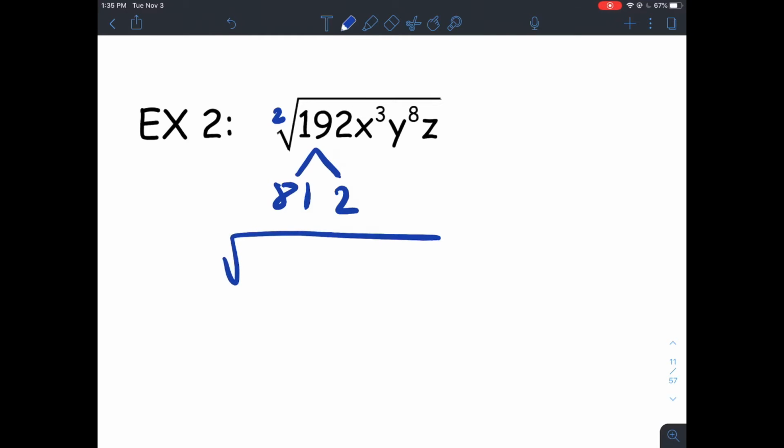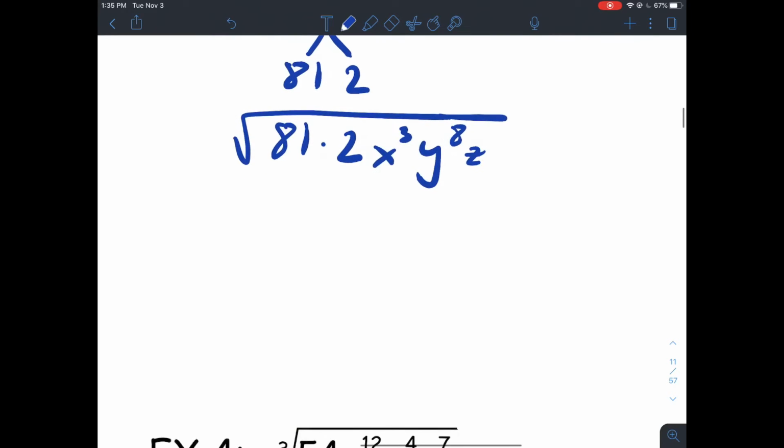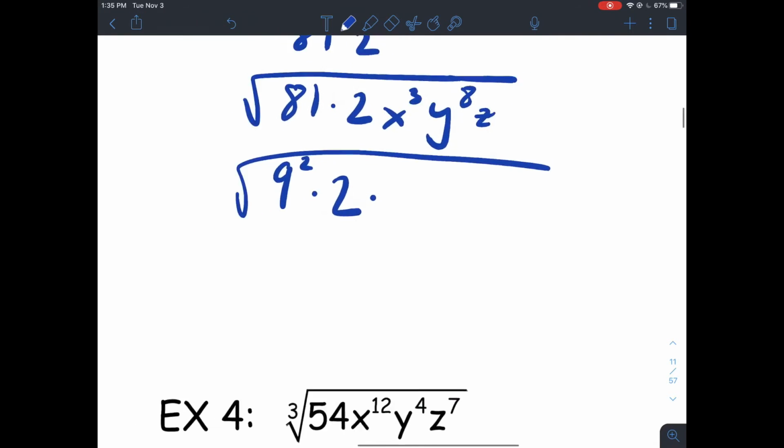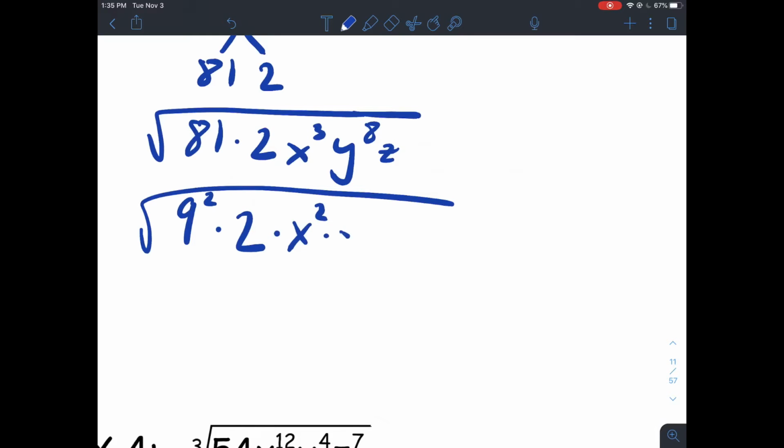All right, so we could rewrite that as 81 times 2. We still have our x to the third, y to the 8th, and z. So 81 is the same as 9 squared, right? We've got our times 2, and then of course we could rewrite our x as x squared times x.